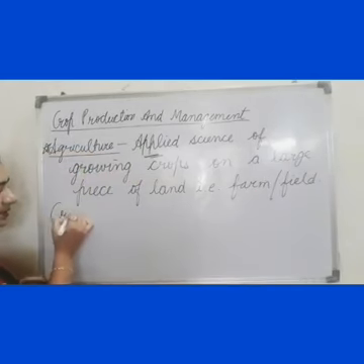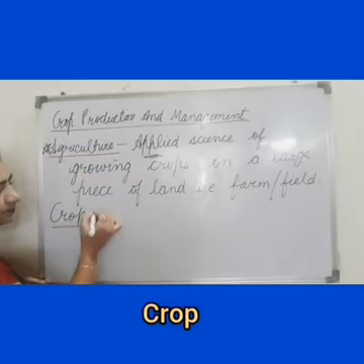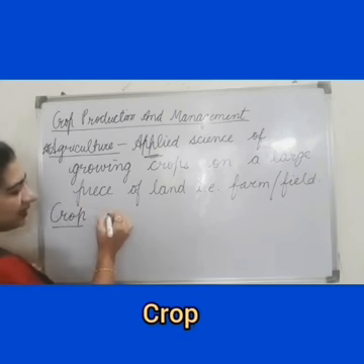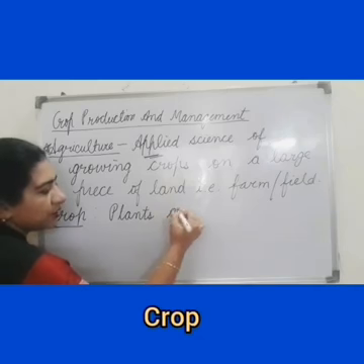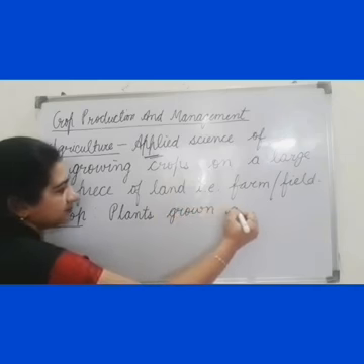And what is a crop? These are the plants grown on a large scale.